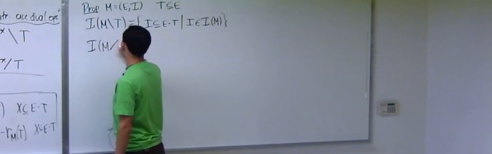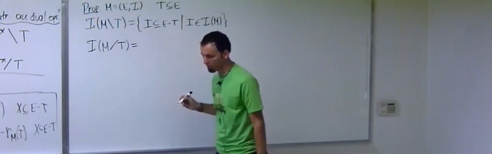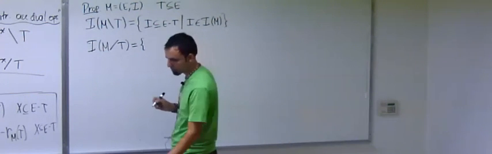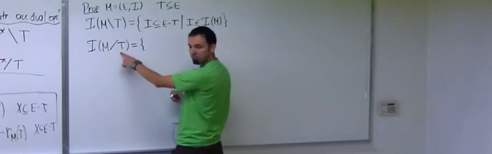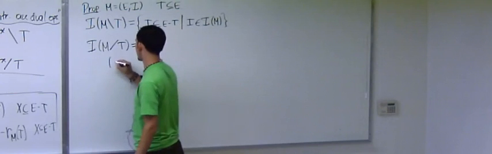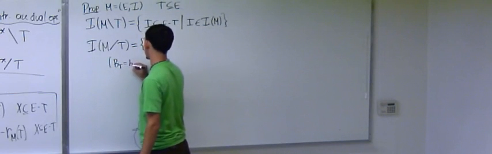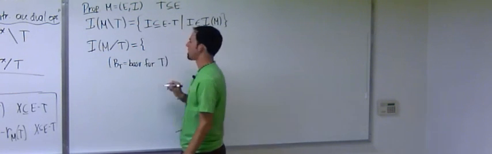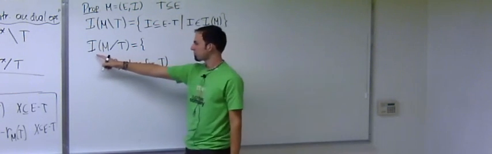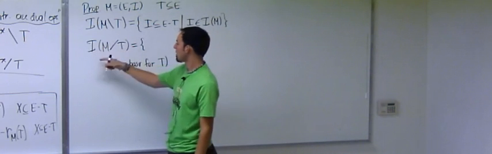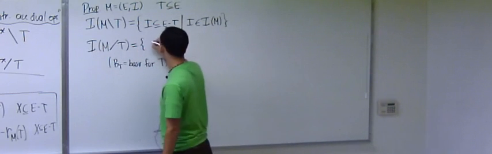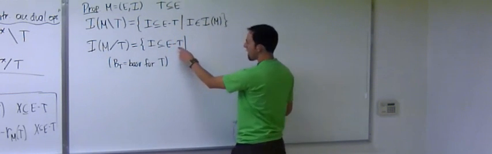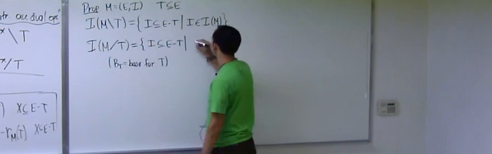And for the contraction, it's a little bit more complicated. So what you have to do is pick a basis for T. And the independent sets in here are going to be the sets I such that I is independent when you add this basis to it.